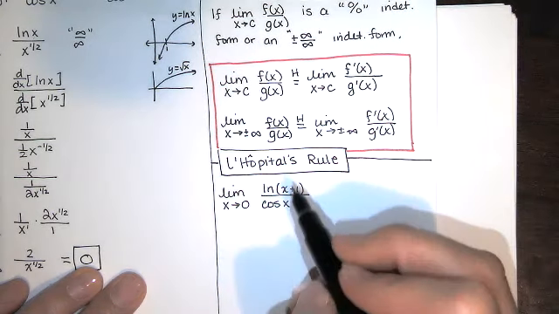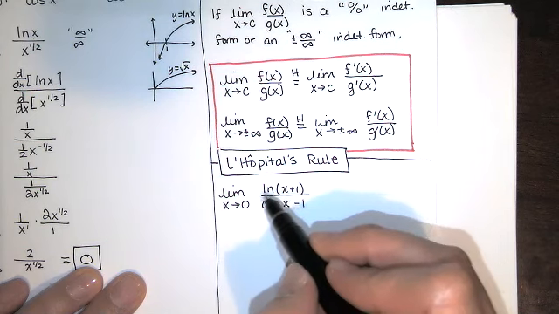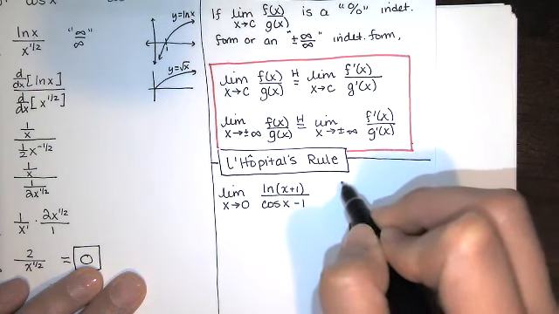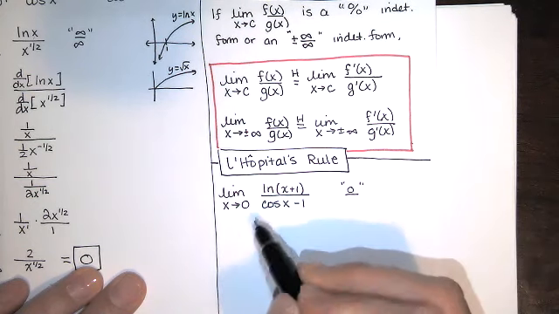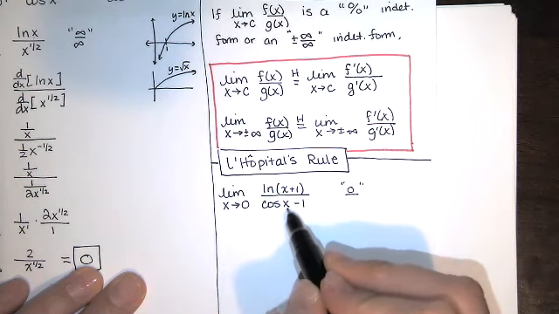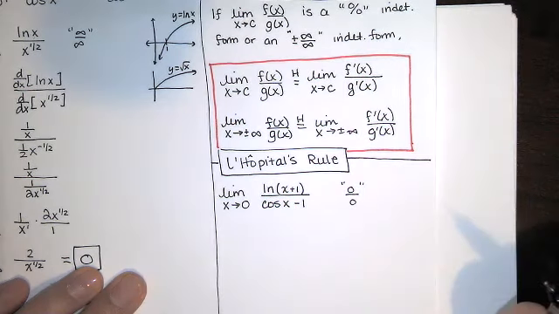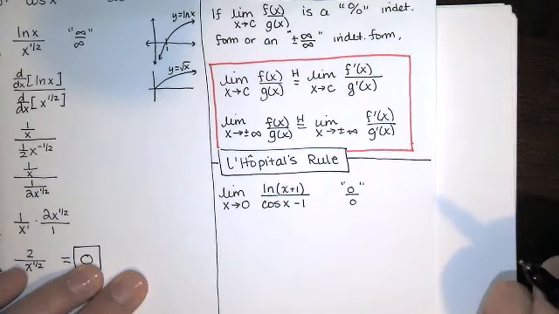As x approaches 0, we end up with a natural log of 1 in the numerator. And natural log of 1 is 0, so that's 0. And as x approaches 0, cosine of 0 approaches 1, so that's 1 minus 1, which is 0. So that's a 0 over 0 indeterminate form.